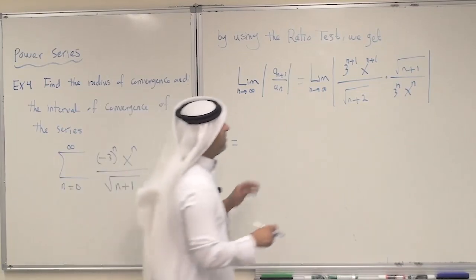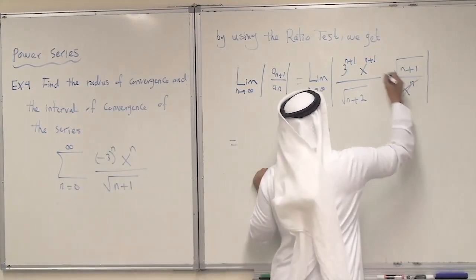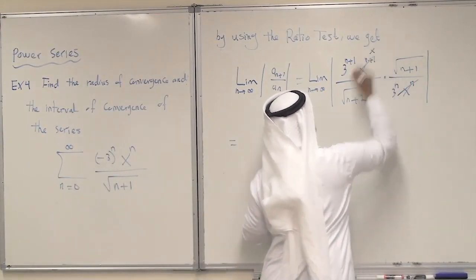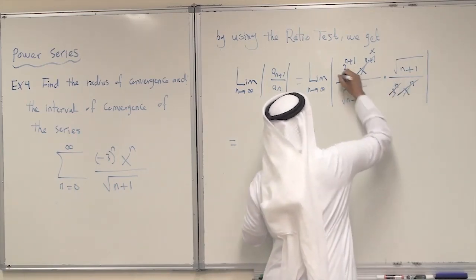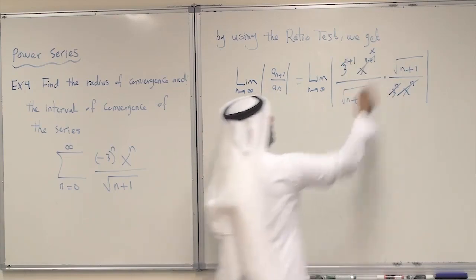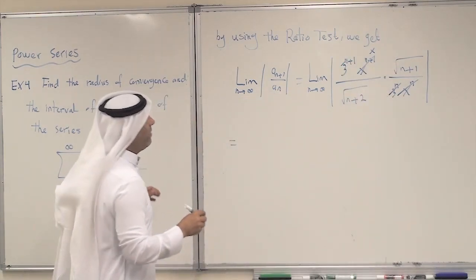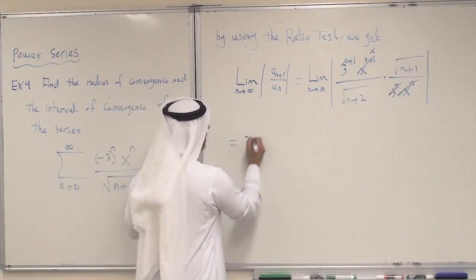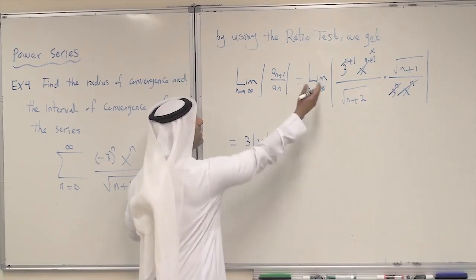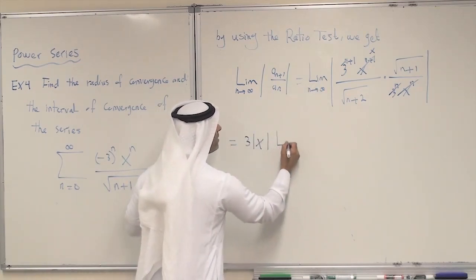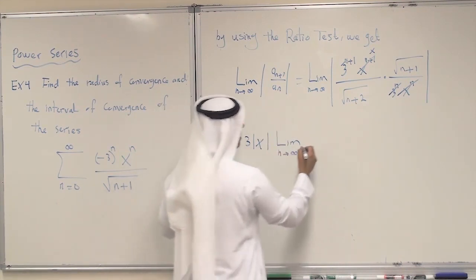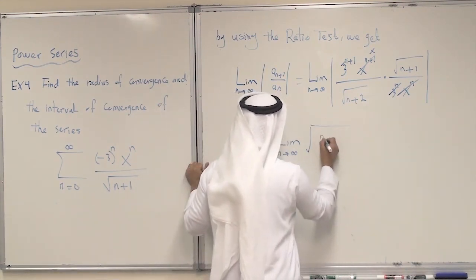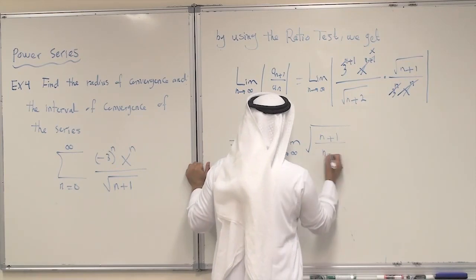Let us simplify now. I will delete x to the n; with this, x will remain. 3 to the n will be cancelled out, so what we have upstairs is just 3. So we have 3 absolute value of x, which I take outside the limit, and then I have the limit as n goes to infinity of radical of n plus 1 over n plus 2.